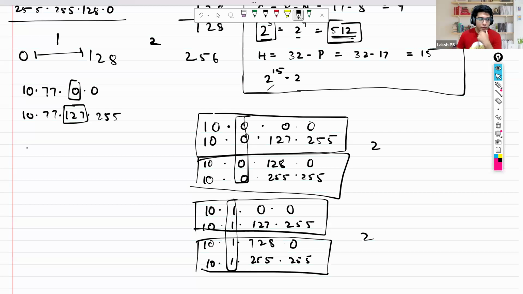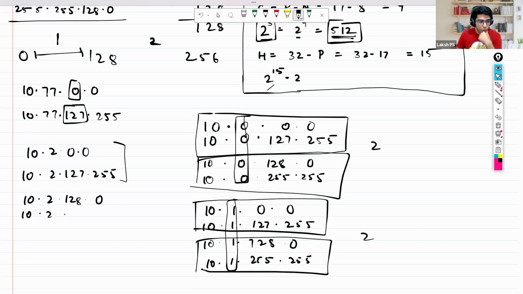Similarly, for 2 also you will have two subnets, starting from 10.2.0.0 to 10.2.127.255. This is one subnet. Then 10.2.128.0 to 10.2.255.255. This is the next subnet. So again, you have two subnets.